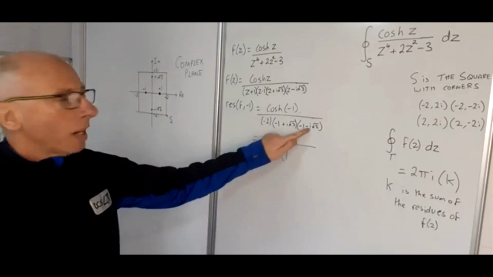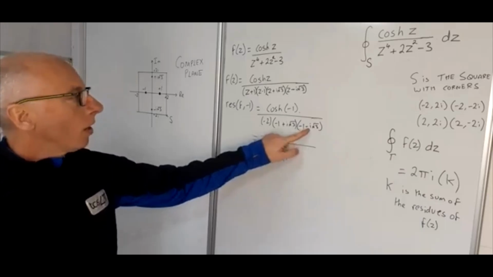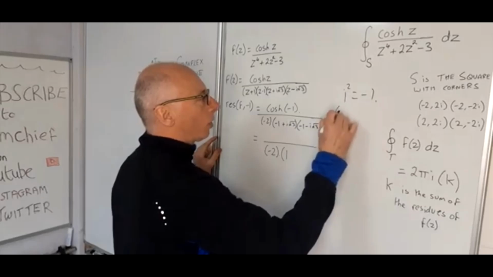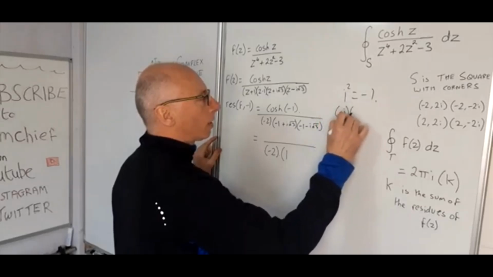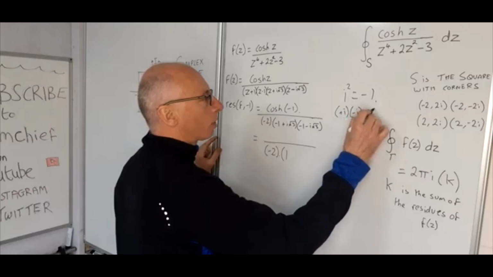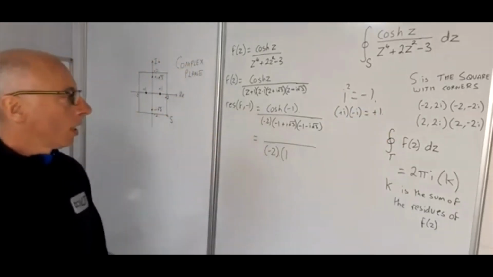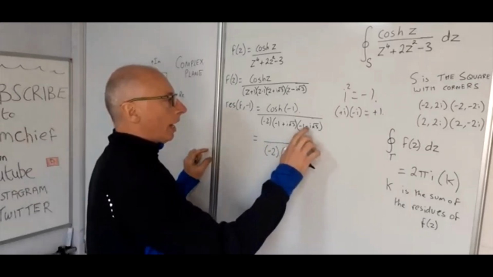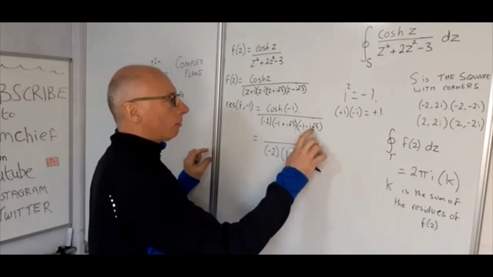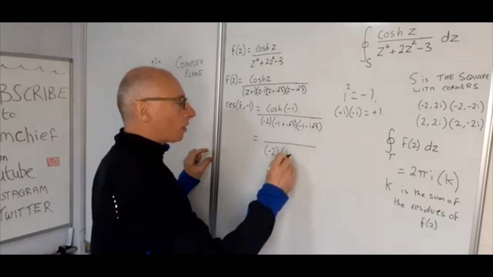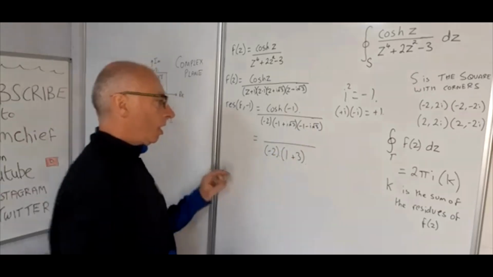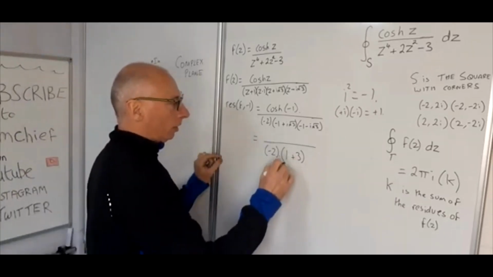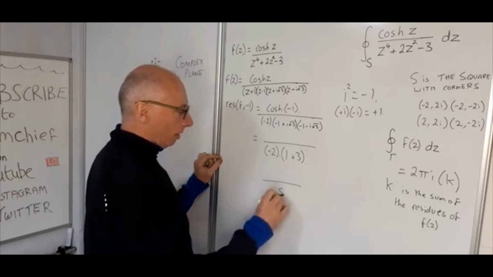But the plus i times the minus i, well, we know that i squared equals minus 1. So therefore, plus i times minus i equals positive 1. So then we can leave that as a positive 1. And the i root 3 times the minus i root 3 will then give us a positive 3. So this will then become minus 8.